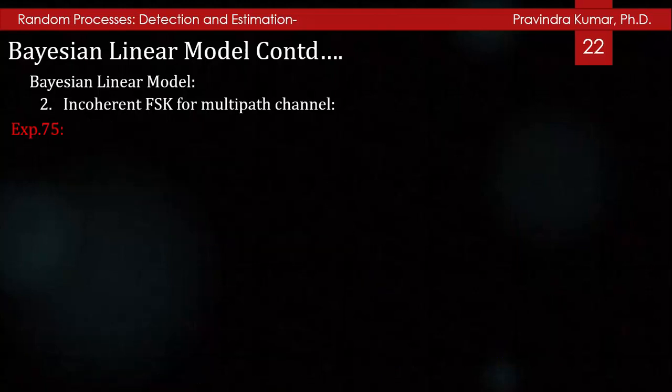Let Hi be the n by 2 observation matrix of the linear model based on the frequency Fi. So C_Si will be equal to Hi theta_i Hi transpose, which equals sigma_s square Hi Hi transpose.